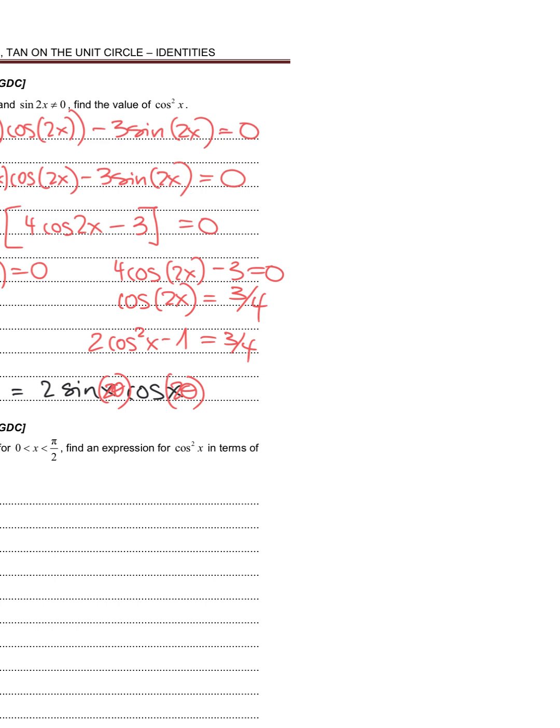So if we now solve for cosine, 3 over 4 plus 1 is 7 over 4. Divide by 2 and square root, and we are, I don't know where we are. Oh yeah, actually we wanted cosine squared x, so it's 7 over 8.